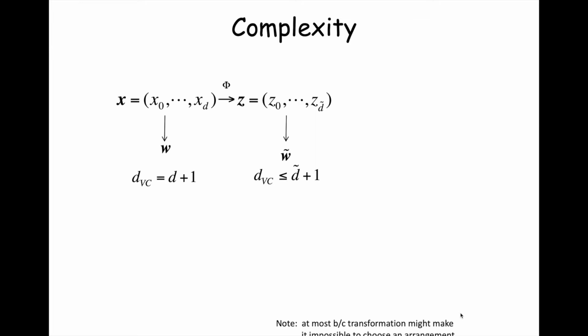Right? Now you get equality if each one of these mappings into feature space is unique, and you get something that's less than D tilde plus 1 if it's a non-unique mapping. Does that make sense? So there's a little bit of a conundrum here when it talks about the VC dimension in the transformed representation, because you could make it impossible if this mapping, this phi function, is not one-to-one. Okay? All right, any questions about this?